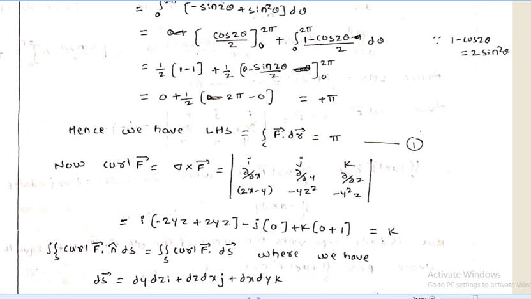Now we expand the determinant, first using i. So ∂/∂y of minus y²z, and the differentiation of y² is minus 2yz. Then ∂/∂z of minus yz². The differentiation of yz² with respect to z is 2yz, and while multiplying in this direction the sign is minus.